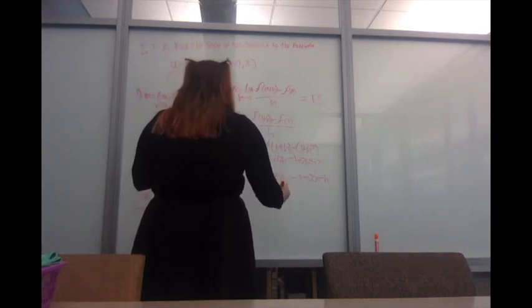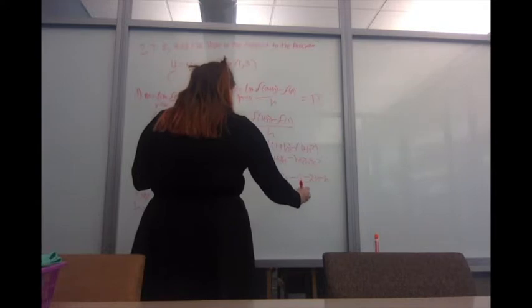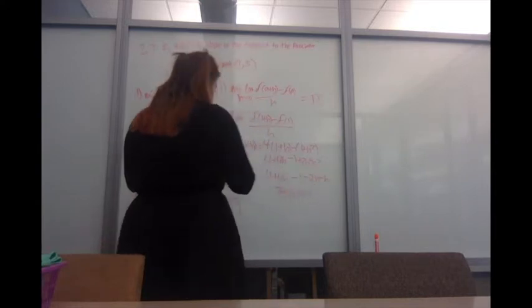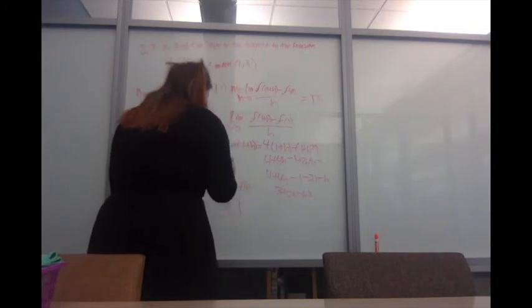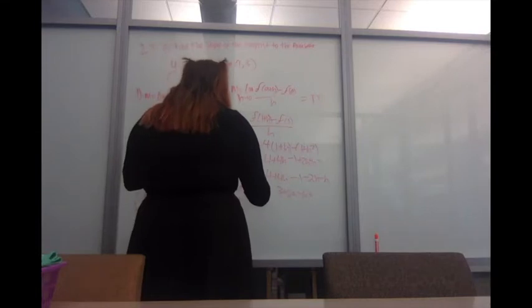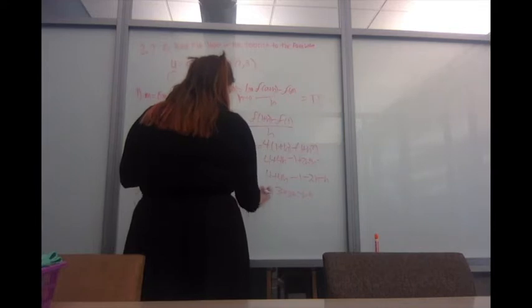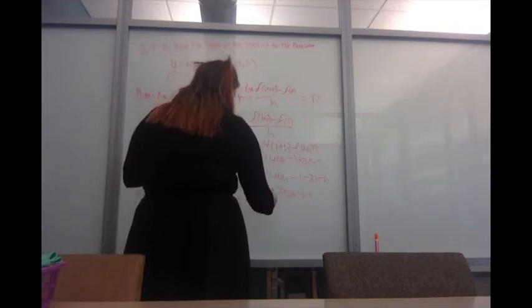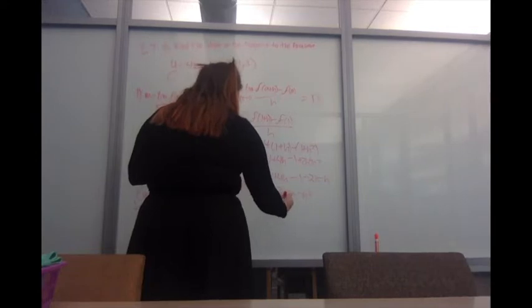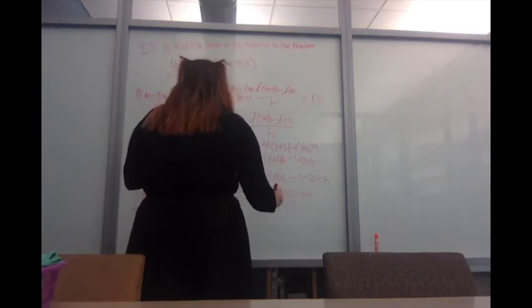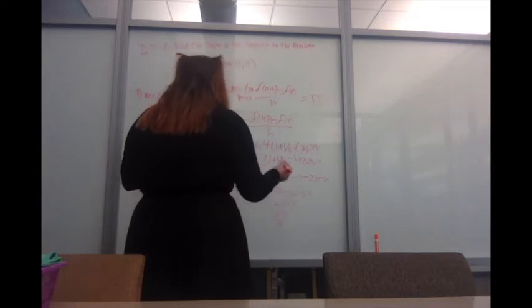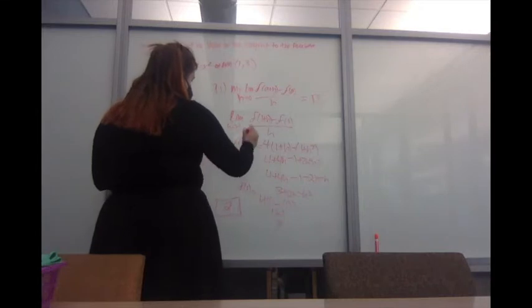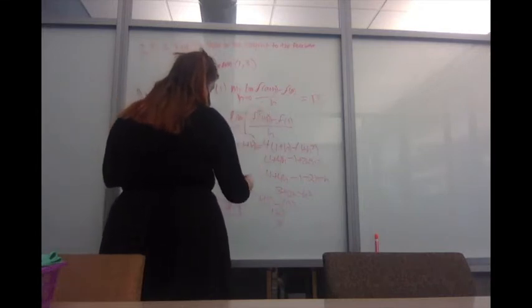That simplifies down to 3 plus 2h minus h squared. Then I did the same thing separately for f of 1, which is 4 times 1 minus 1 squared, which becomes 4 minus 1, which is 3. Then I plugged both of these in their respective places.